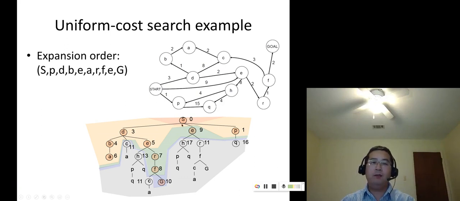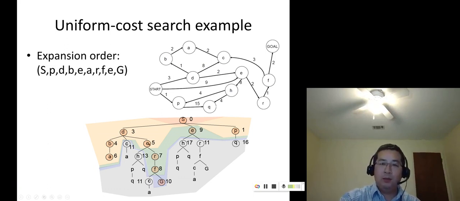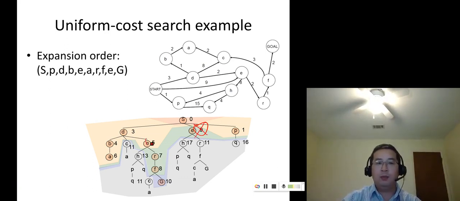For example, if we want to reach E, you will get this one, correct? Because you will maintain this E, not this one. You visit this one, but you haven't used it because this 9 is larger than 5. So this one will not be used, will not be considered.